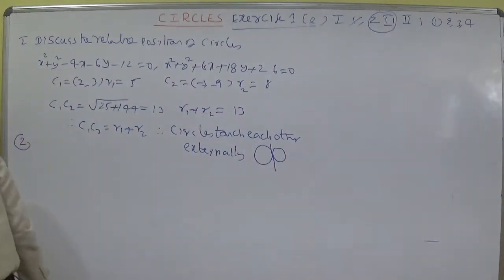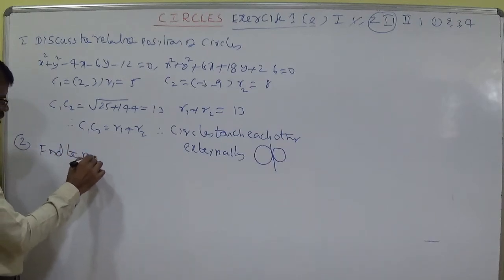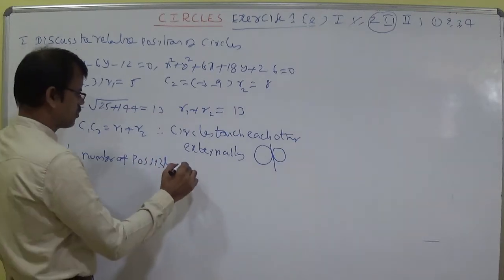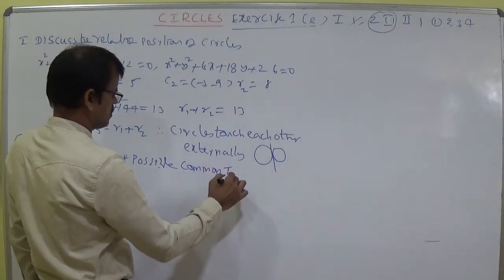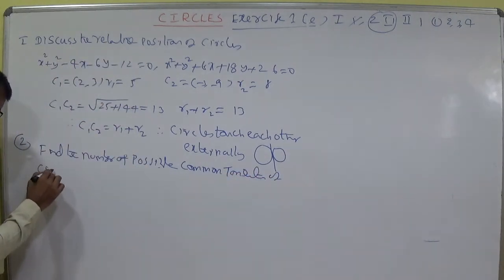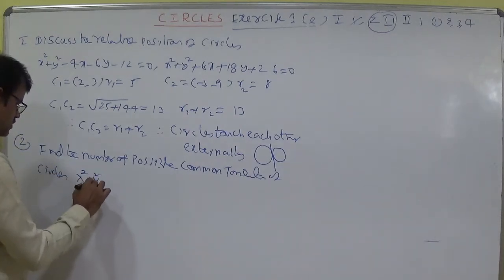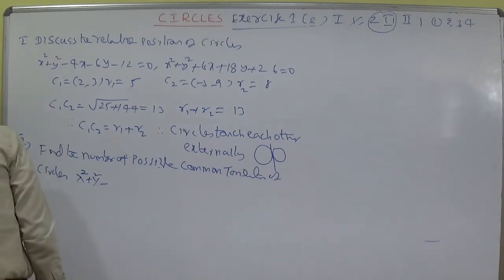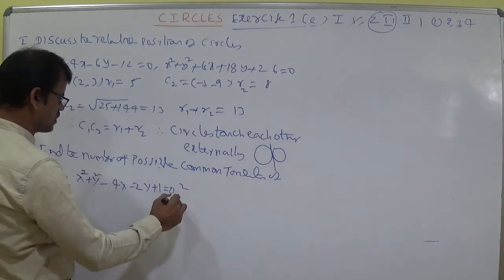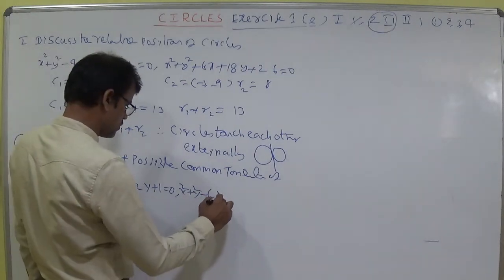Now, in the first Roman, the second one. Find the number of possible common tangents of the circles x square plus y square minus 4x minus 2y plus 1 equal to 0, and x square plus y square minus 6x minus 4y plus 4 equal to 0.